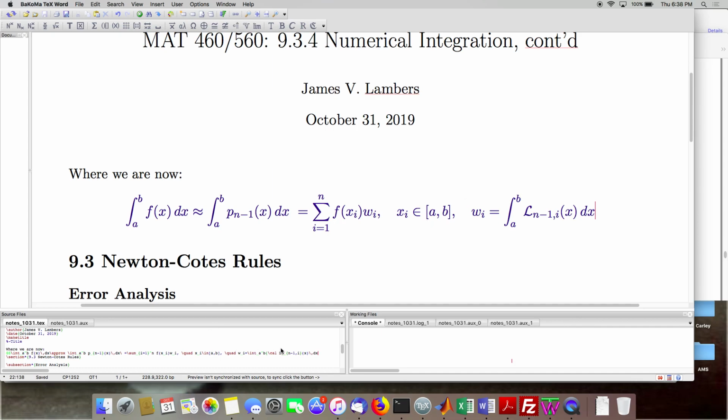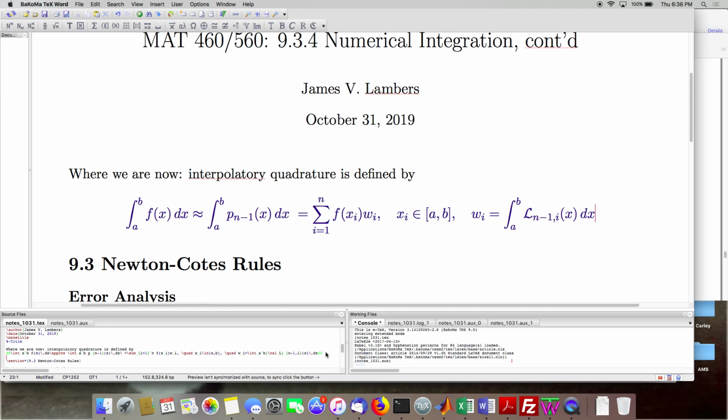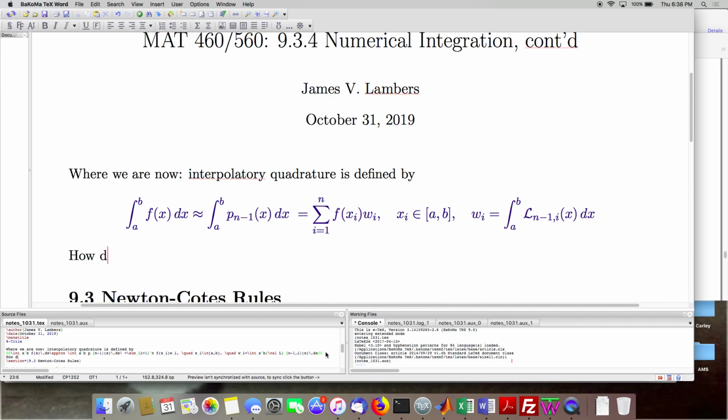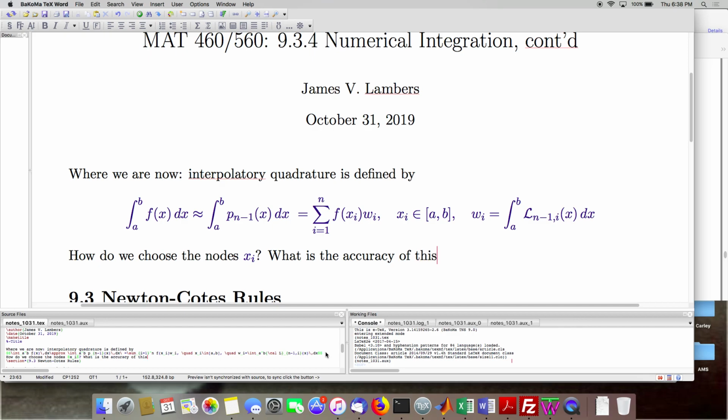Okay, so this process is called interpolatory quadrature. What we're going to look at tonight is how we choose the nodes, and once that choice has been made, how we can assess the accuracy of this approximation.